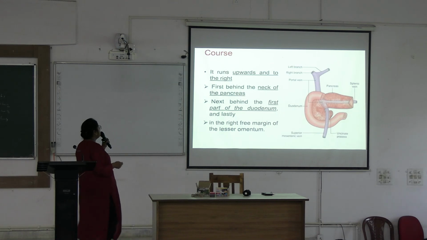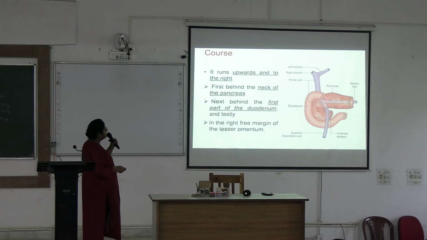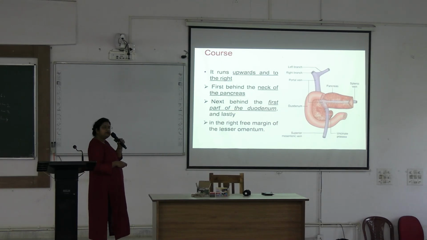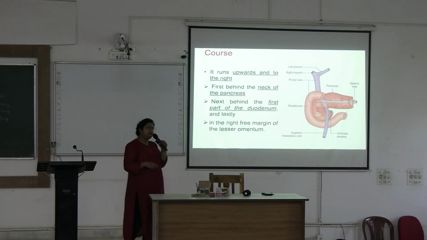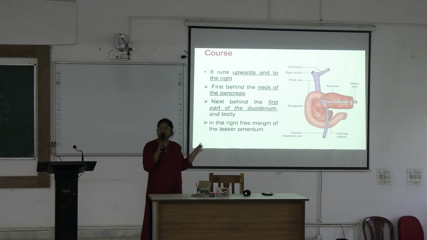It runs upward and to the right. First lies behind the neck of pancreas here. Next behind the first part of the duodenum, and lastly in the right free margin of lesser omentum. Okay, you will read the peritoneum. Lesser omentum is an important part of the peritoneum.